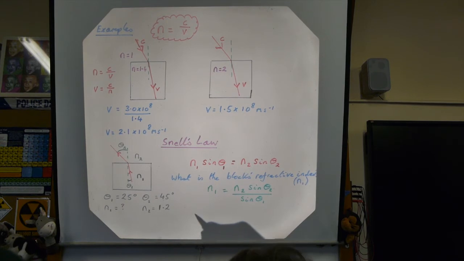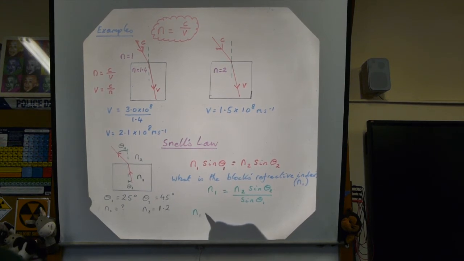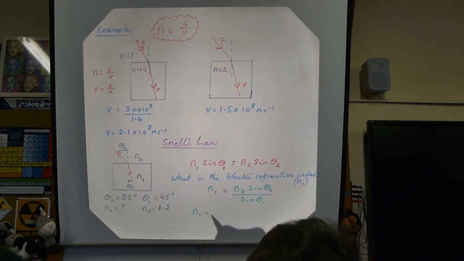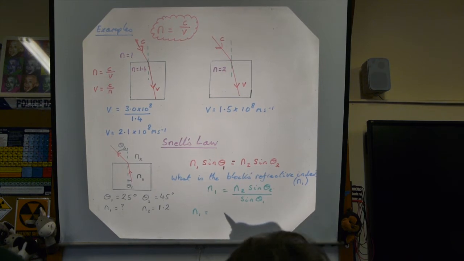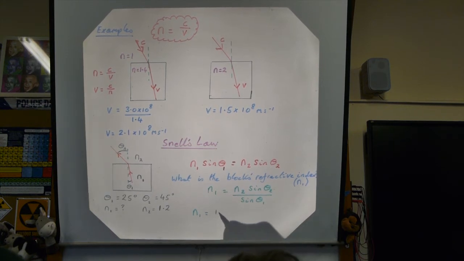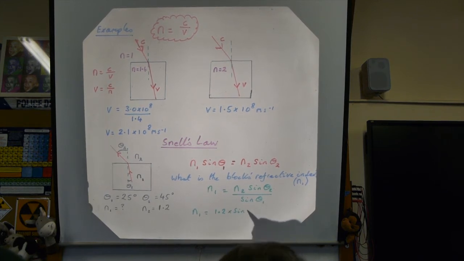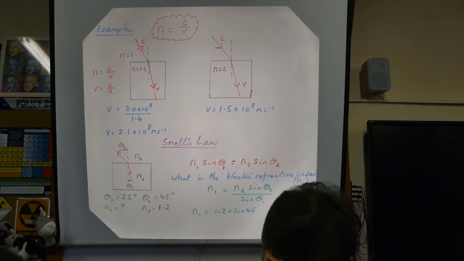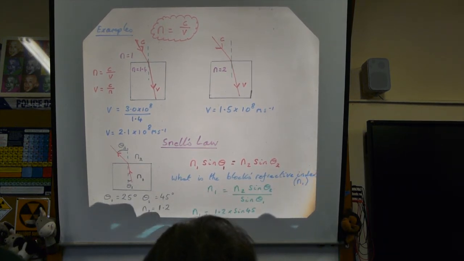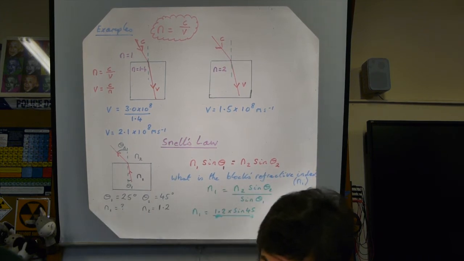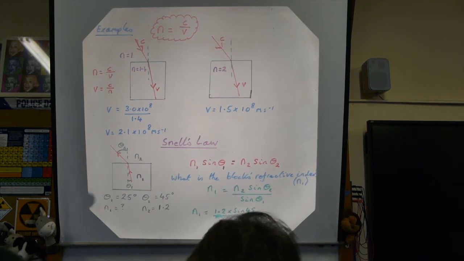Okay, so let's put the numbers in. N1, the unknown refractive index, is going to be N2, which is 1.2, times sine 45. It's that angle. All divided by the sine of 25.